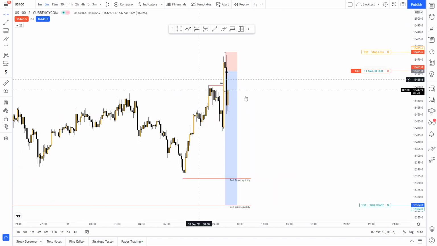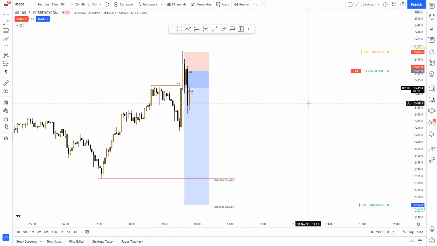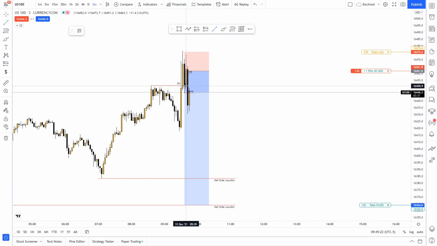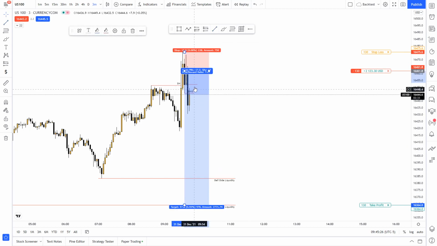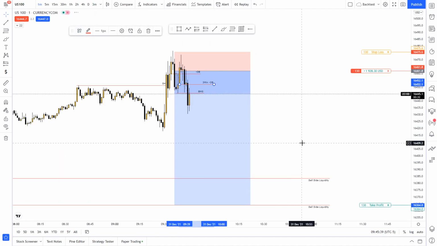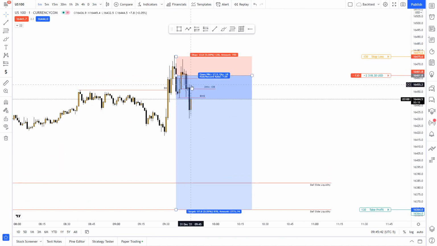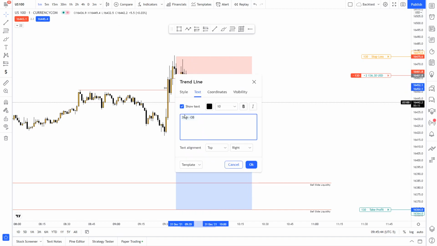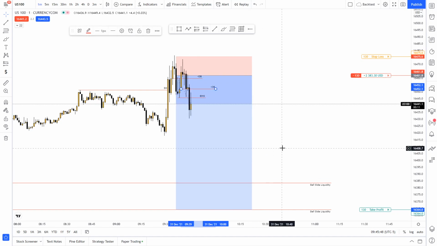So let's have a look on a 5 minute. So on the 3 minute, this order block has been created. 3 minute order block, let's label that: 3 minute bearish order block. Okay, so it goes in line with the 1 minute order block, so we'll just label this as the bearish order block.